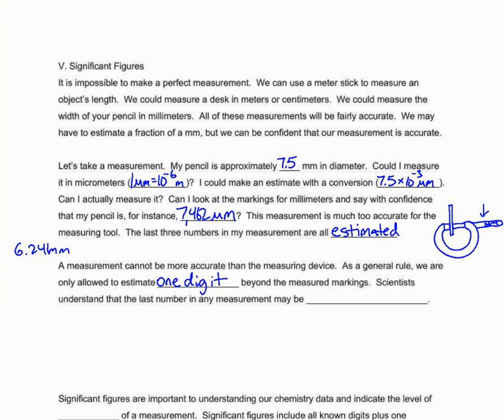That's something we can do. This could have been 6.242. It's possible, but it's understood that the last number in any measurement may be subject to error because it is estimated.